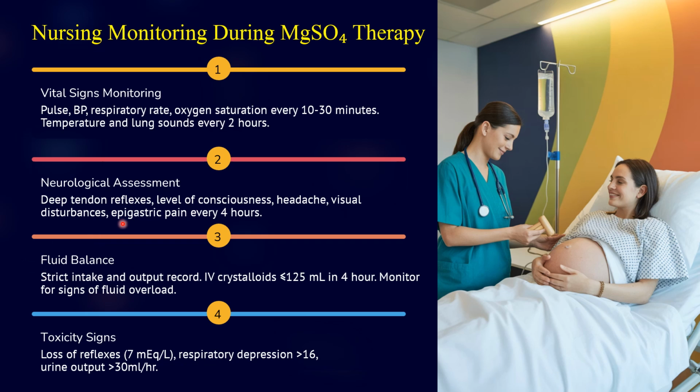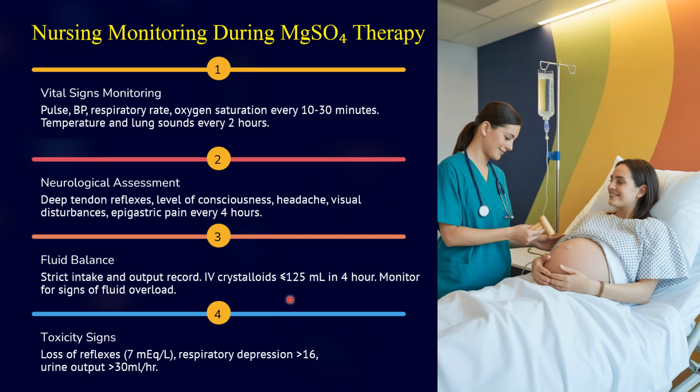You also have to check fluid balance. Make sure that strict intake and output is being recorded. The IV crystalloid should not be more than 125 ml every 4 hourly. That is why you need to monitor for any sign of fluid overload.